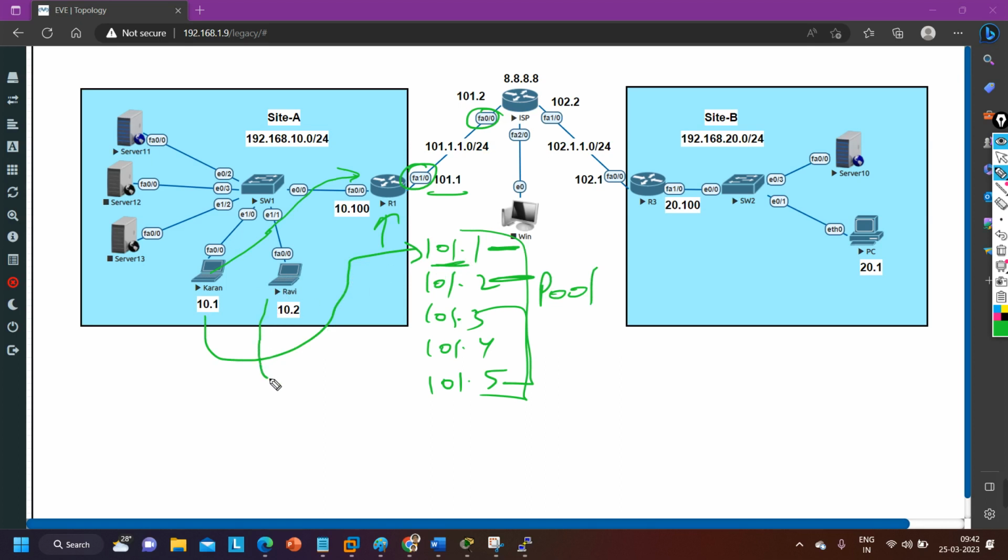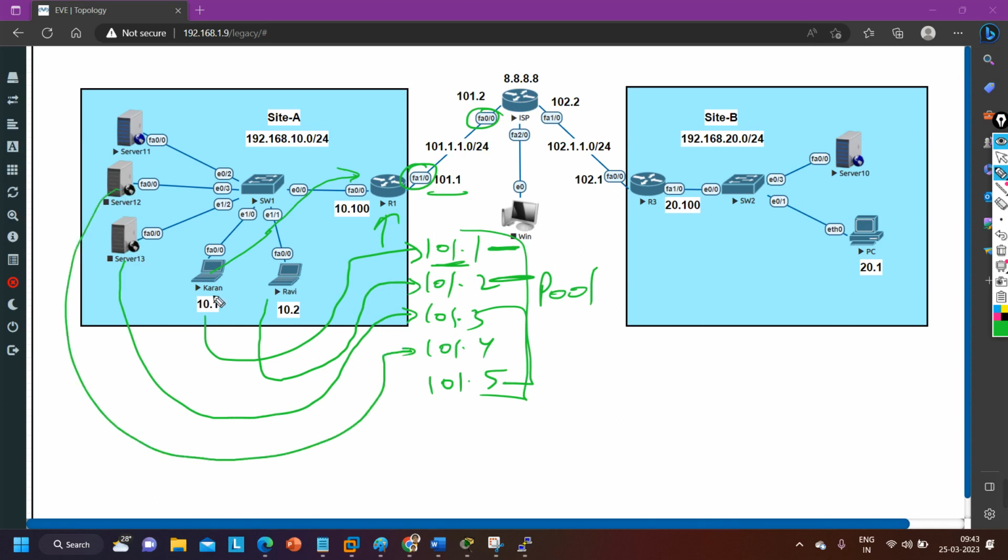When Ravi sends a request, it will translate into another public IP address, this one. When this server is requesting, it will translate into this public IP address. When server 2 is requesting, it translates into this IP address. When this server generates a request for the internet, it will translate into this public IP address.